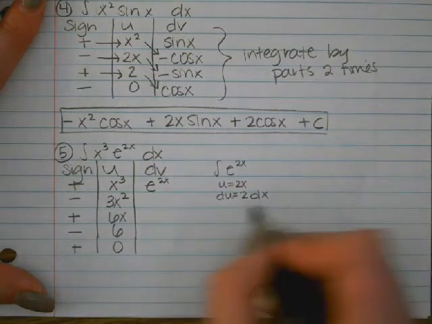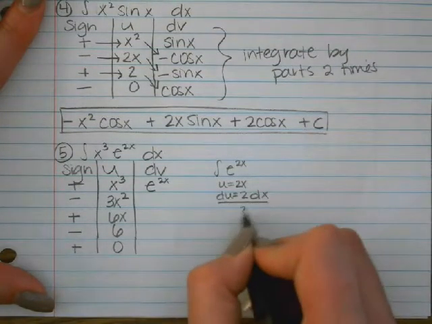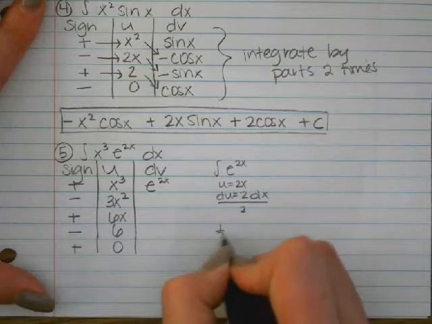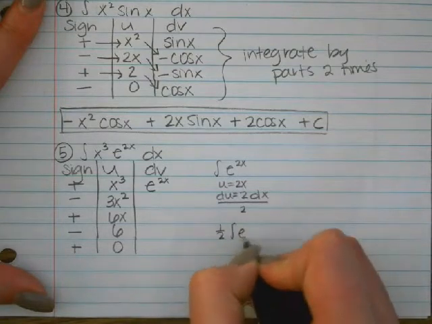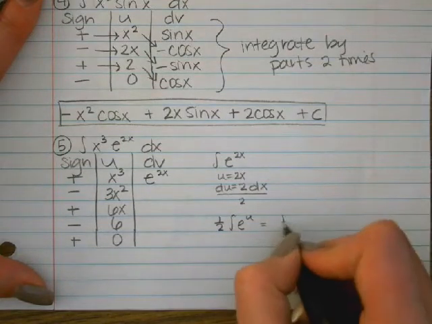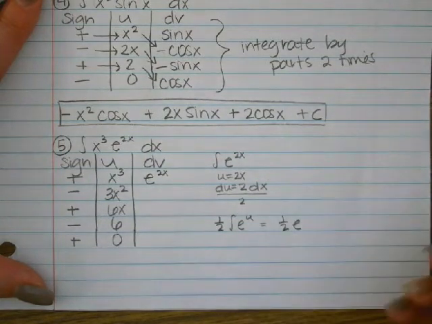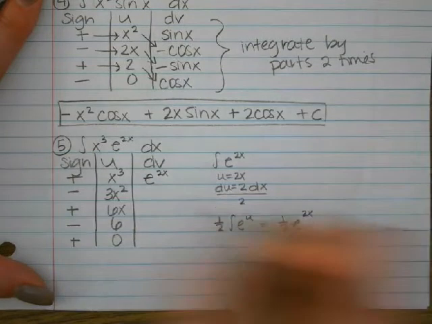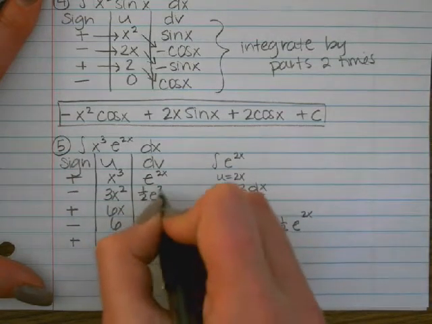That means I've got to take a 1/2 and put it in front. So I've got 1/2. And then I'm integrating e to the u, which is 1/2 e to the 2x. Okay, so this one's 1/2 e to the 2x.